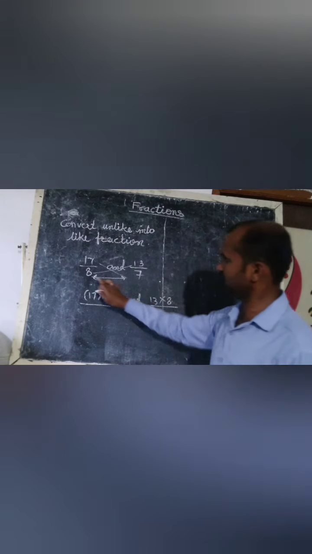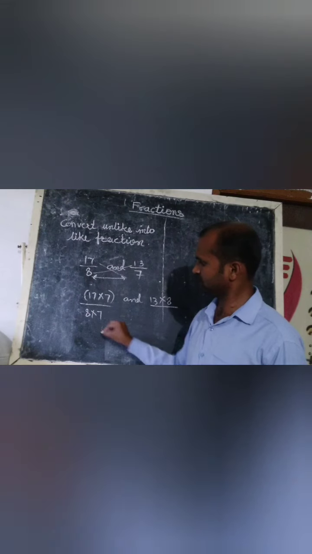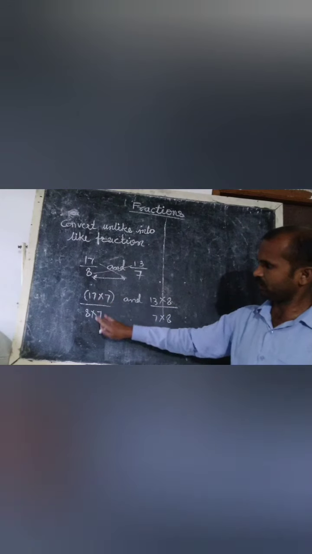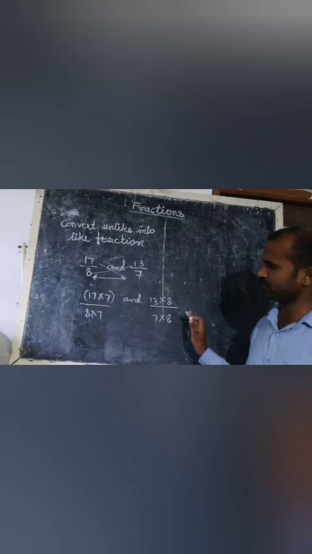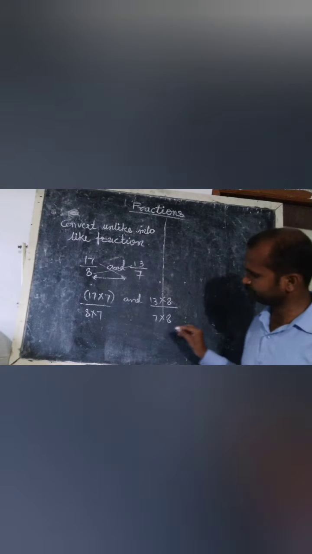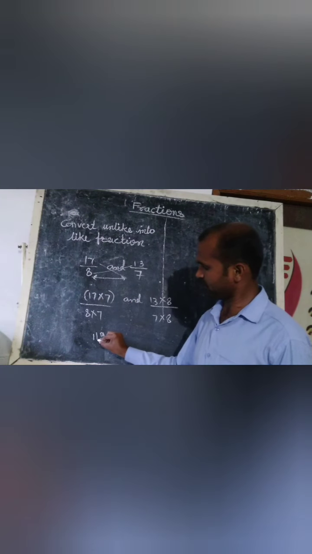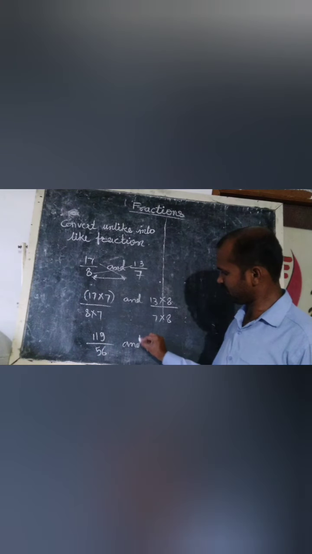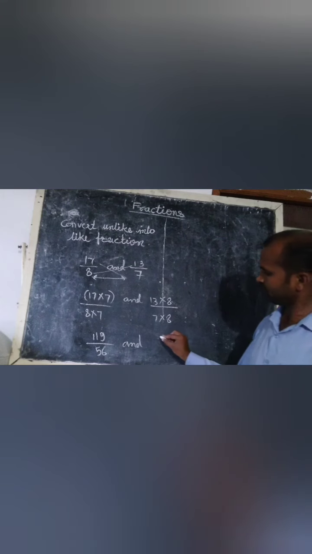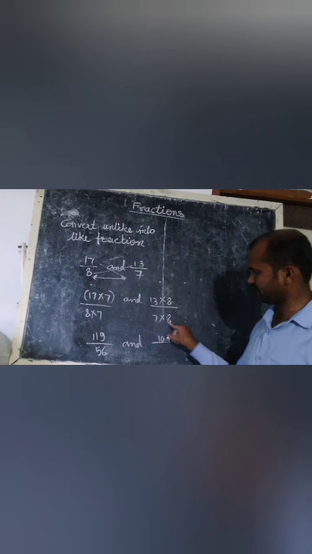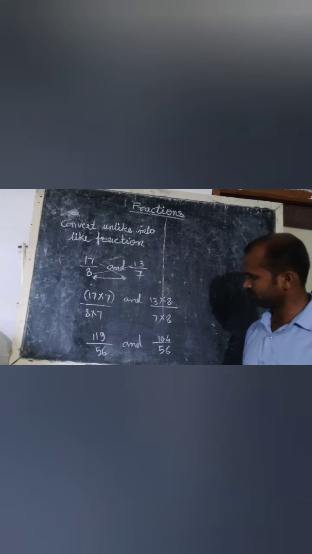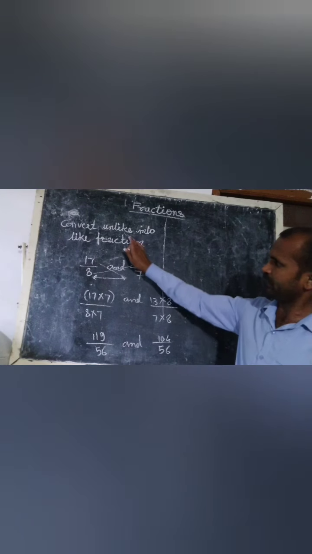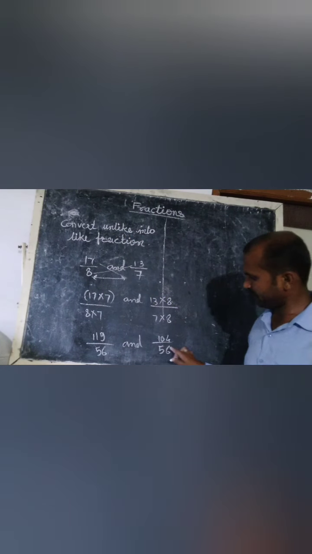What is the denominator? 8 into 7 and 7 into 8. In the denominator, the product of denominators we keep common. 17 sevens are 119, 8 sevens are 56, 13 eights are 104, and 7 eights are 56. So now we have the same denominator, which means we have converted unlike fractions into like fractions.